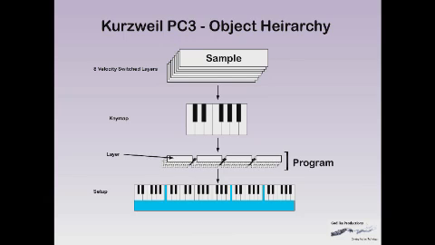You'll notice that I haven't put the effects on the graphic that we've got there. The effects can come in at the program level. Usually you've got insert effects on each layer. You can also borrow or reroute outputs of one layer into the effects of another layer.